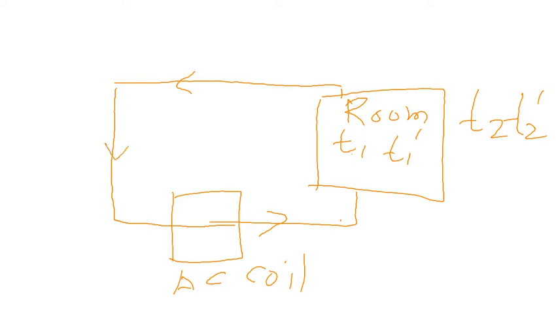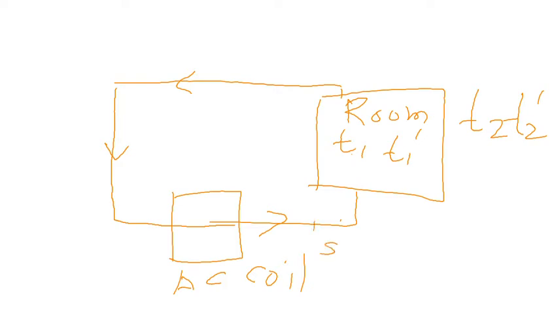So this would be unconditioned. It will come back to the AC coil and it gets conditioned and sent back to the room. So this is called recirculated air, and let us say that it is being supplied to this room at certain supply conditions.